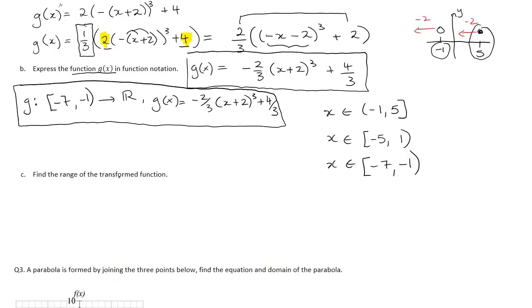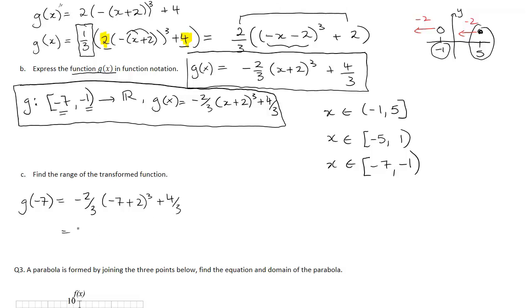The range of the transformed function. So the range, you can see that you have certain endpoints here. So I would suggest just substituting those endpoints into the function. So you've got g of, first we could put in -7, so -2/3 times (-7 plus 2) cubed, plus 4/3.